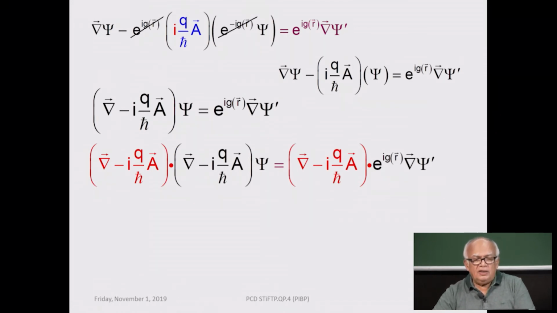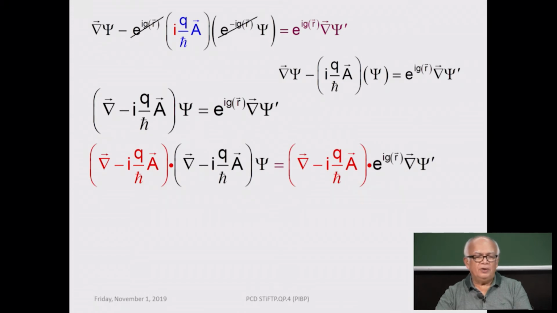And you operate on this equation. Essentially what you take is the divergence of that. So take del dot this term and add to it this minus iq over h cross A dot the same term. So that on the left hand side you will have the square of this operator, but you do the same to the right hand side as well. Okay. So you have got the left hand side and the right hand side.